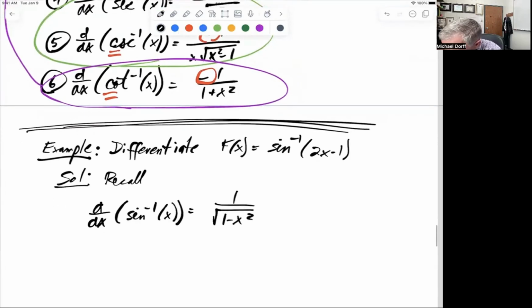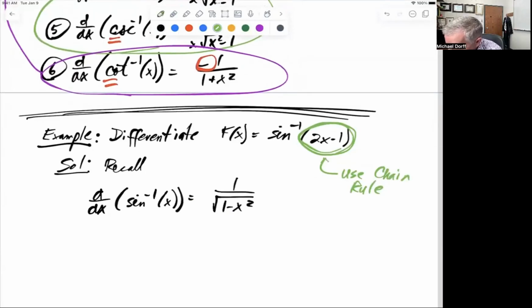This example is different because we have to use the chain rule, and you're going to use the chain rule a lot. It's just going to keep coming back.